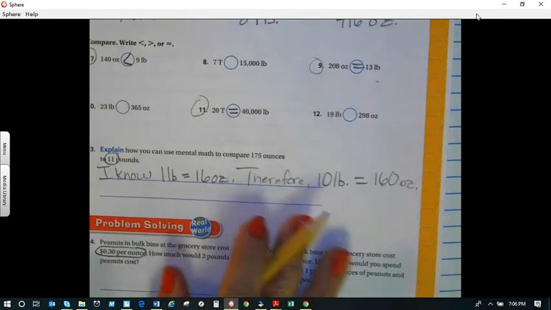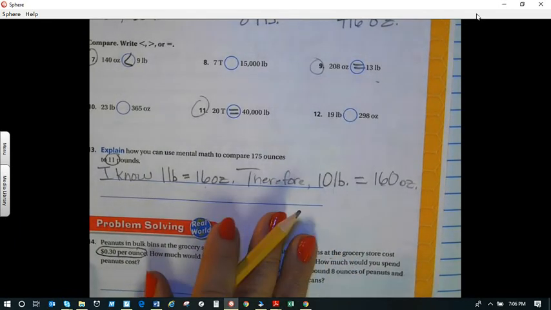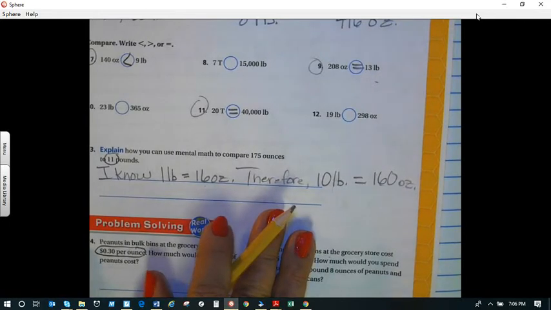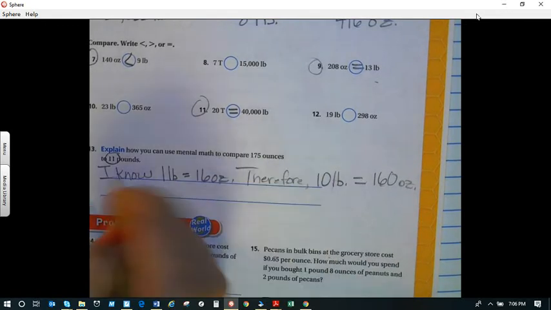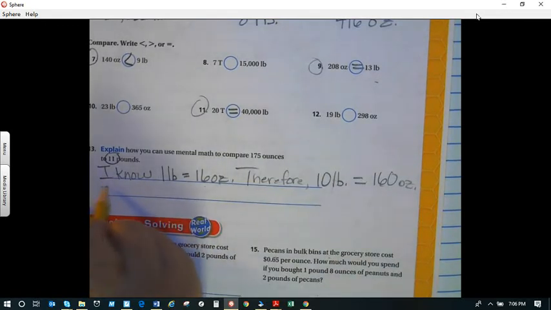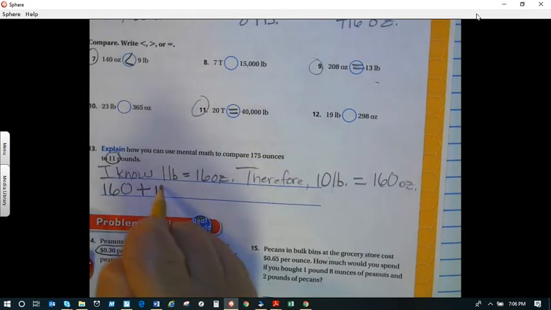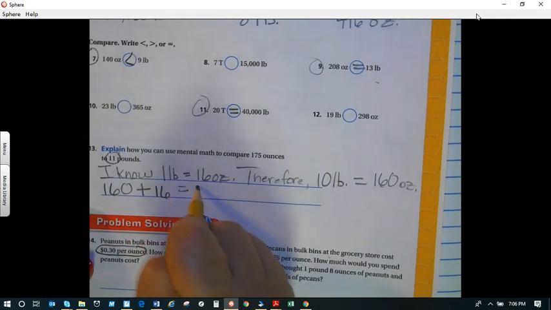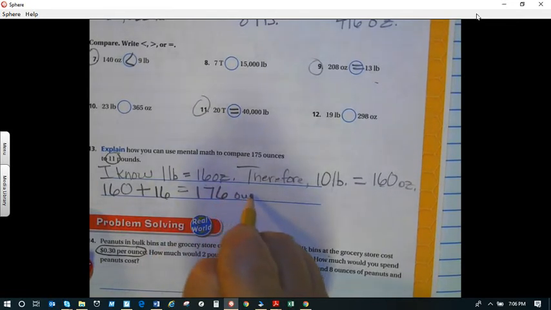So what am I going to do next? So then if I have another, here is my 1 pound. This means that 160 plus 1 more pound is equal to 176 ounces.